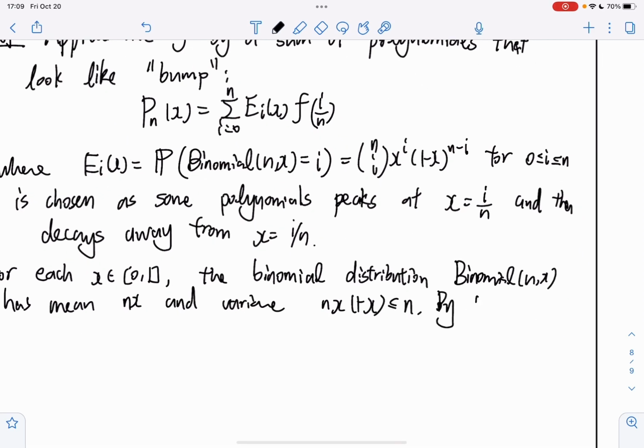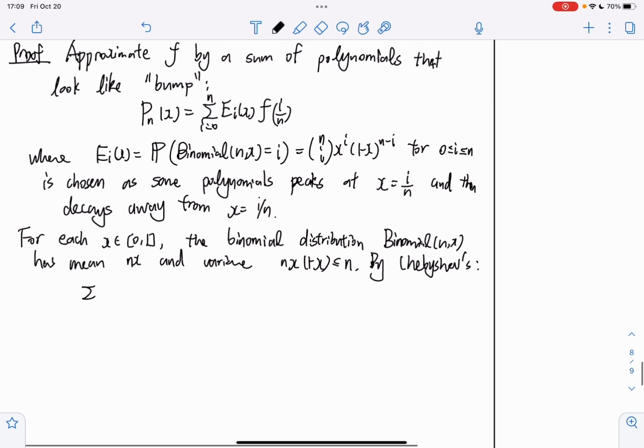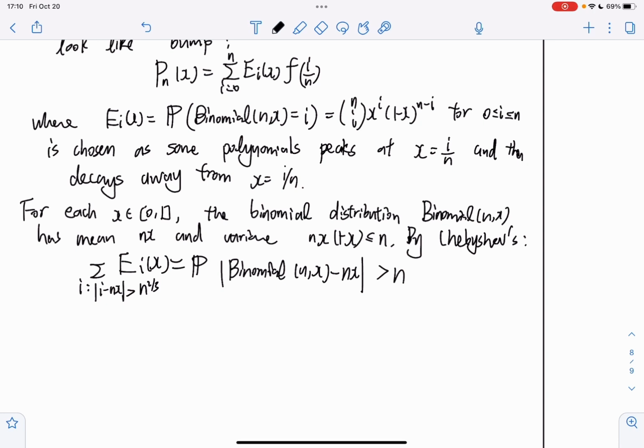Then by the Chebyshev inequality, the sum of all e_i(x) over i such that the absolute value of i minus nx is greater than n to the power of 2 over 3 is the probability that the binomial minus nx is greater than n to the power of 2 over 3.